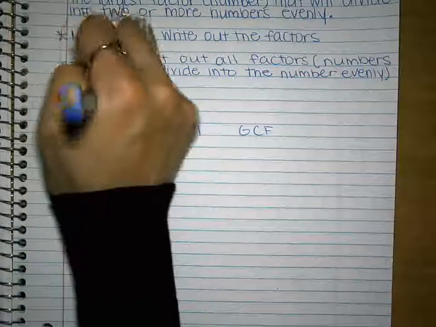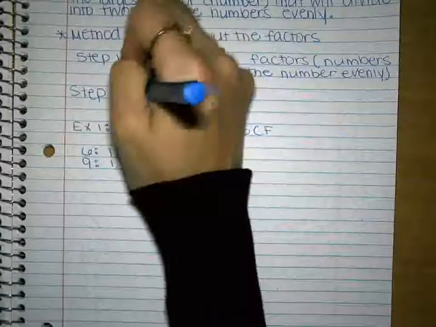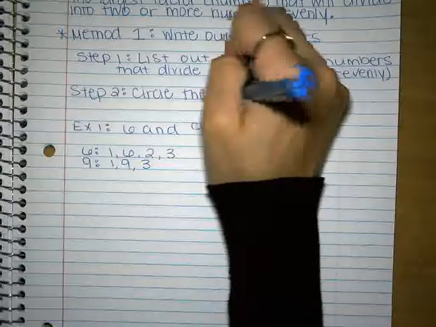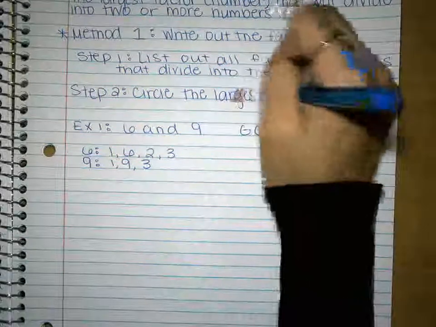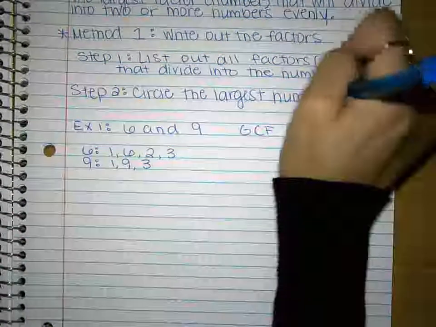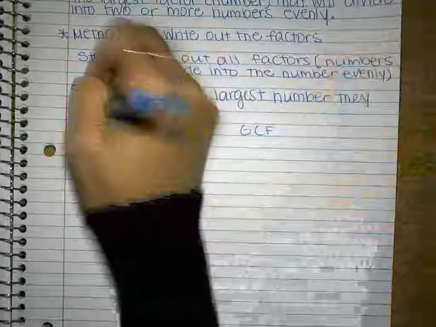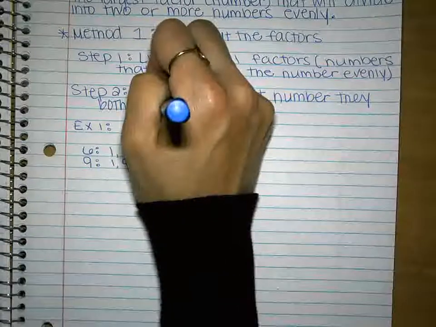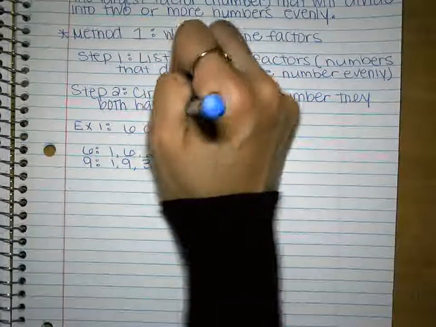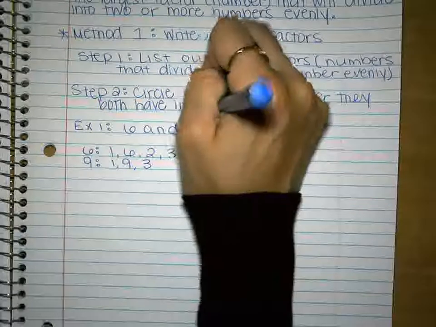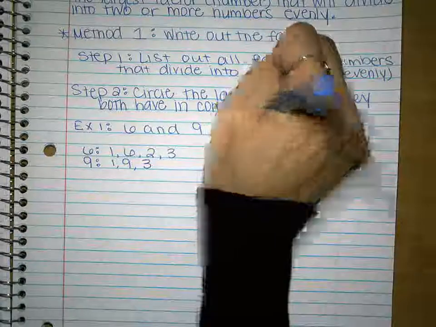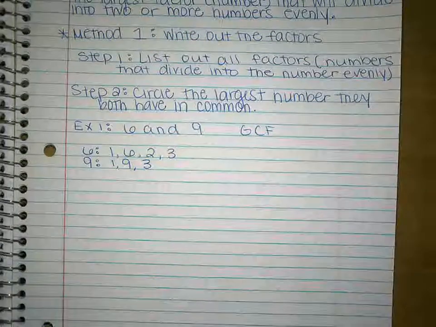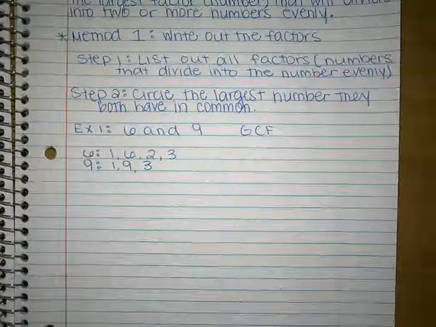This is step 2. You want to circle the largest number they both have in common. So you want to circle the largest number that they both have that is the same.